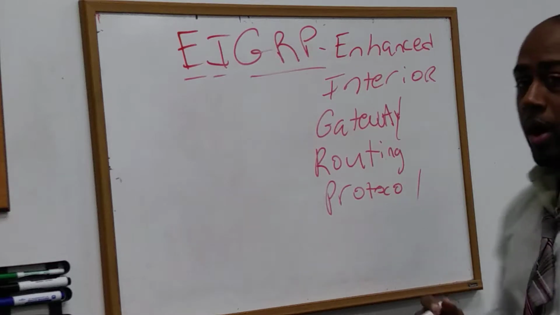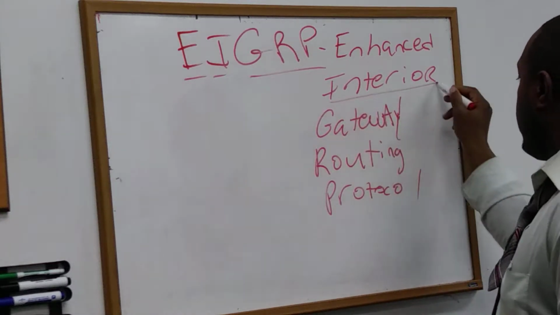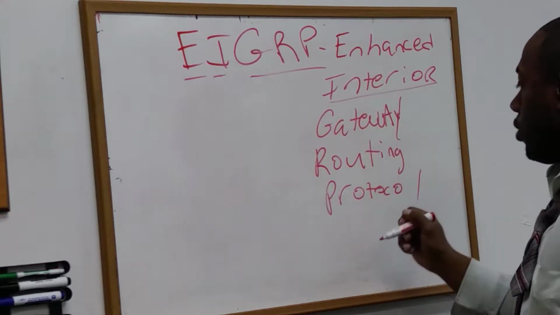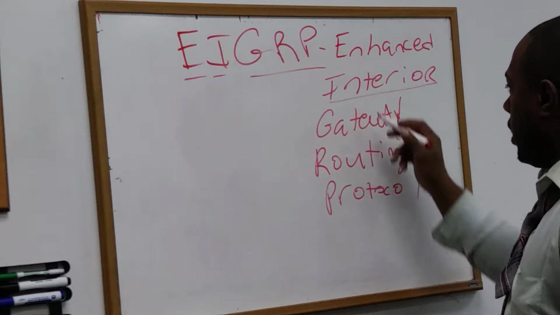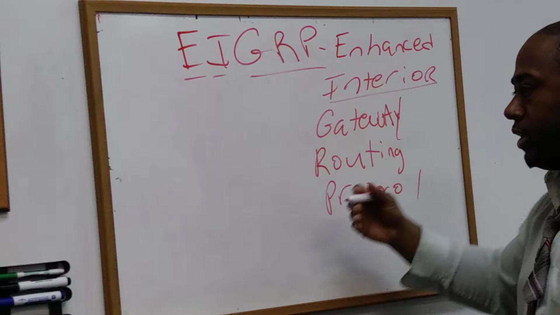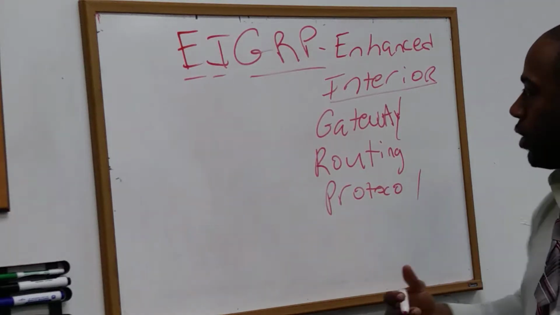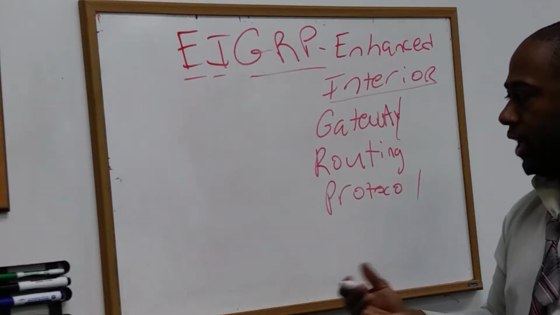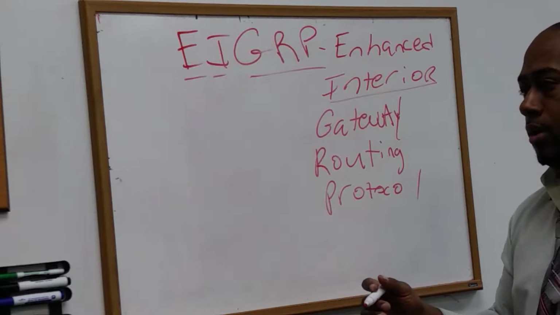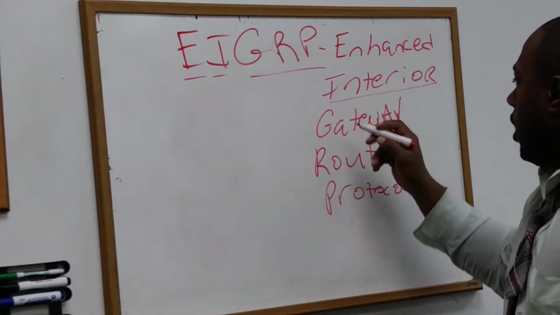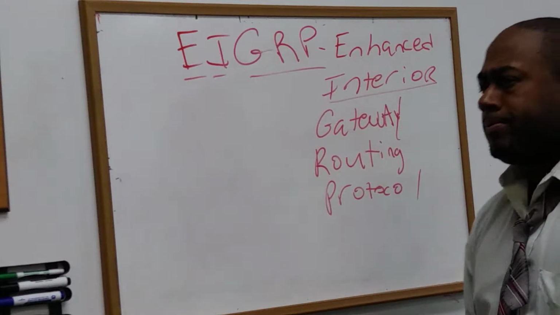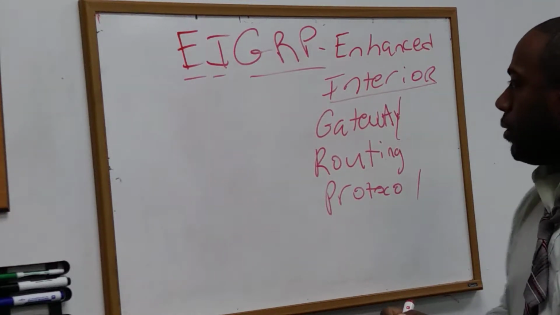The reason why it is called an interior gateway routing protocol is because the routing protocol only runs on the interior of your network or of an enterprise. It does not go outside of your enterprise per se. So it is interior gateway routing protocol.